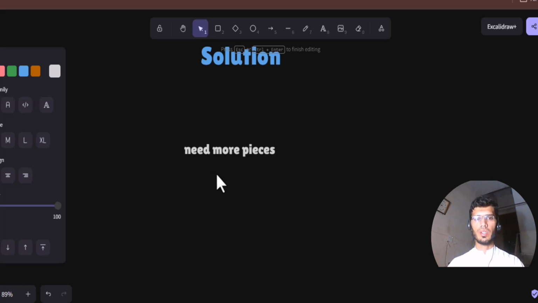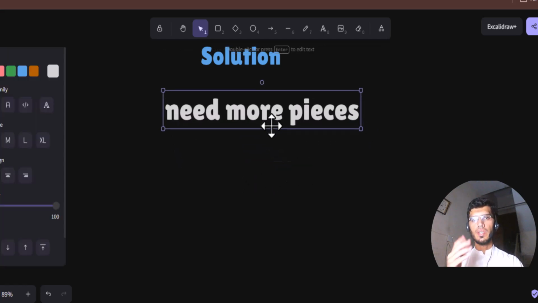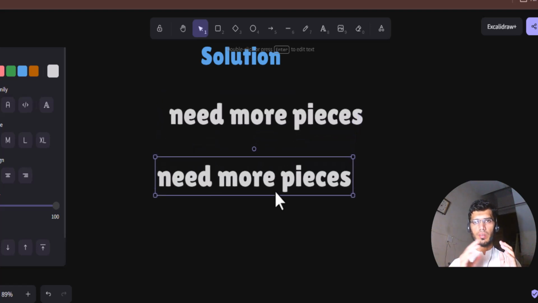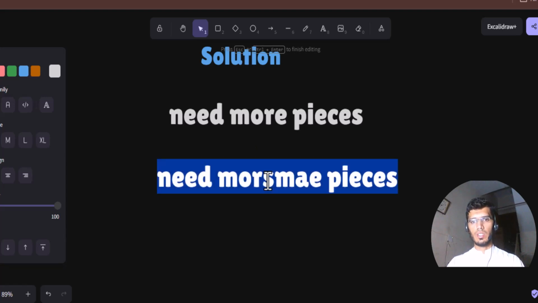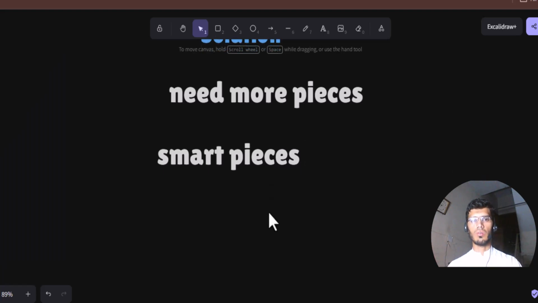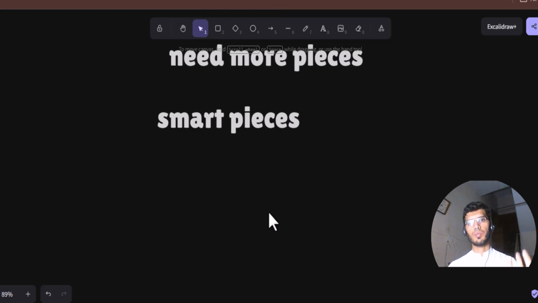Instead, we need smart pieces, such that when combined they can make any number from 1 to 7 across 7 days. So how will we get such smart pieces?